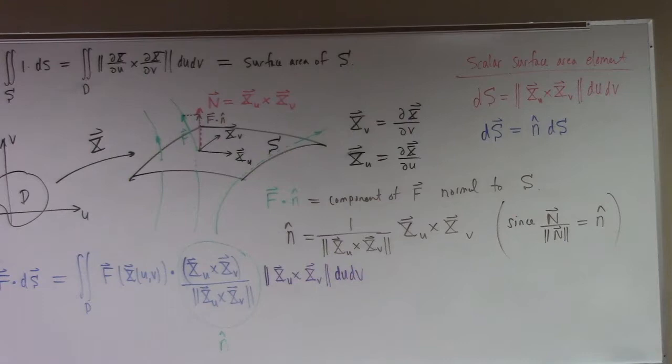The integral over the surface of F dot dS is equal to, in fact, the integral over the parameter domain D. You take your vector field, you evaluate it at the parameterization, and then you just take the dot product with this, and integrate. And that's how we calculate flux.